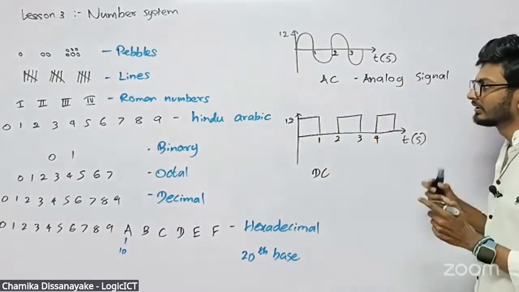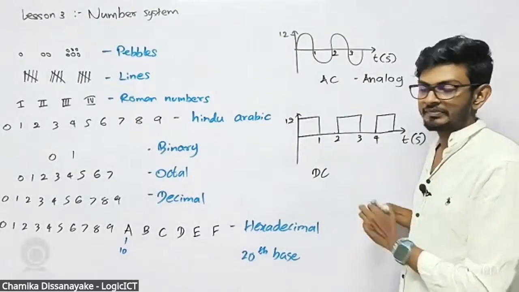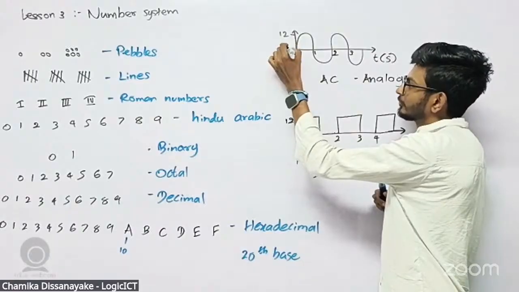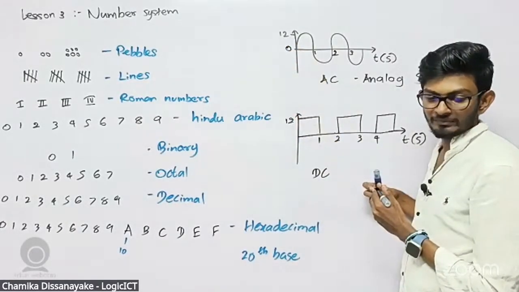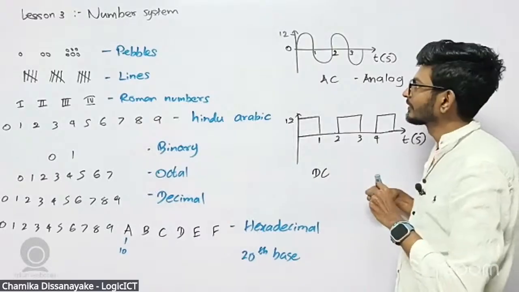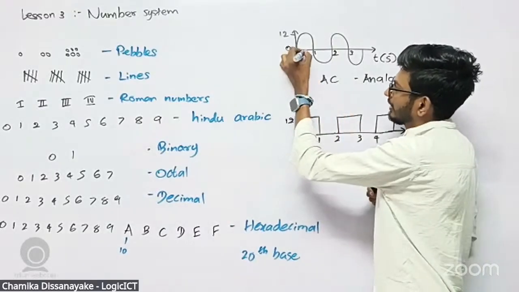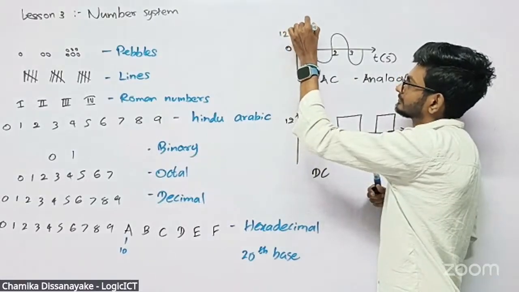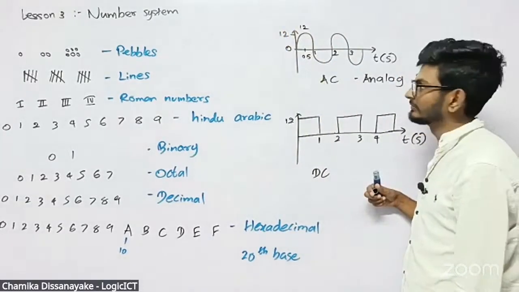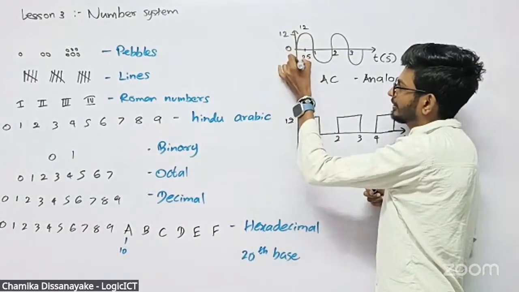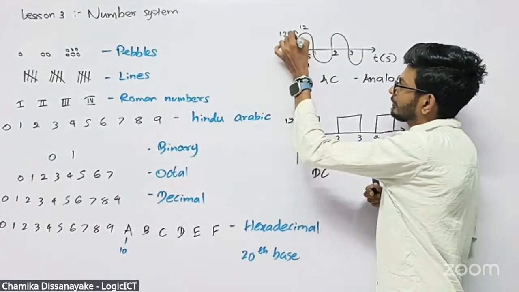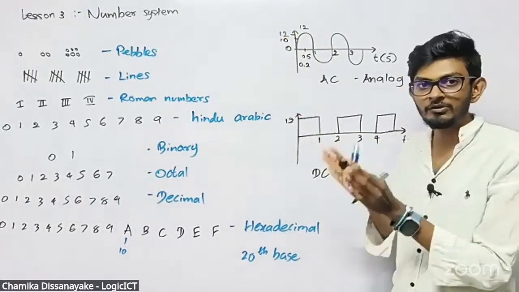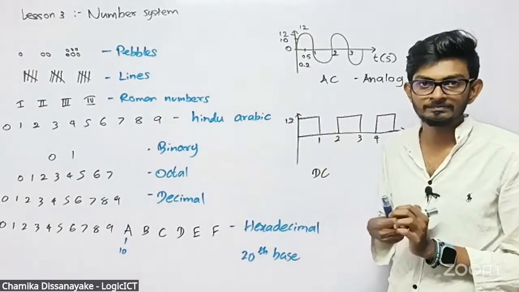So in the AC current, you can see in the first second the value is 0. But when we come up to the half second, 0.5 second, the value will be 12. When we come to 0.2 second, the value can be 10. Likewise, there are several values from time to time.